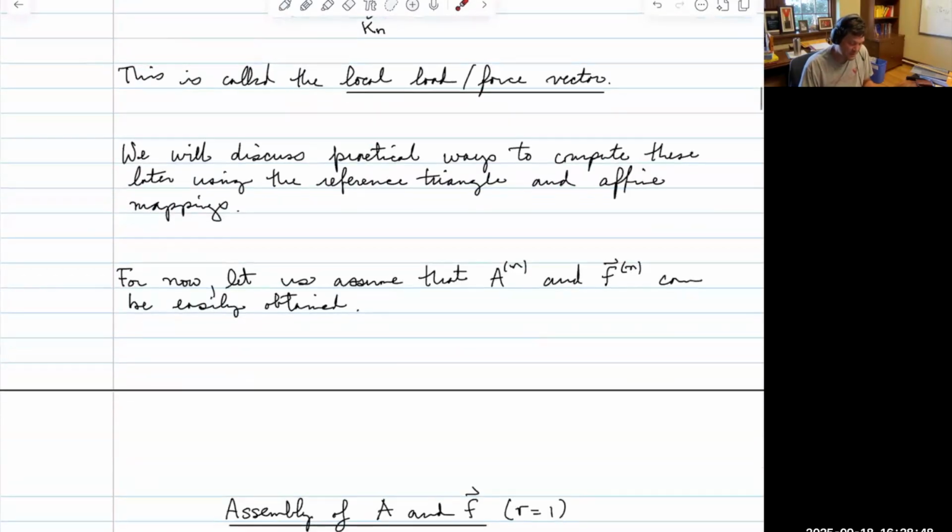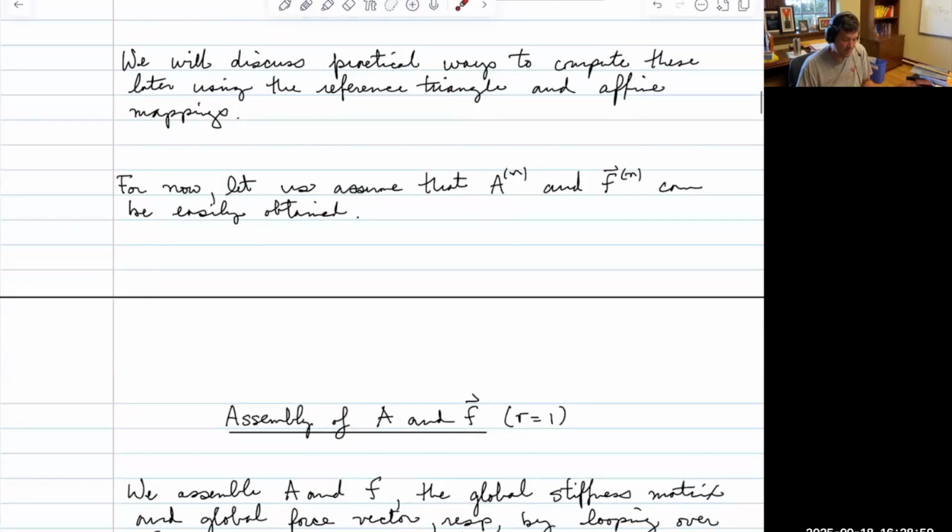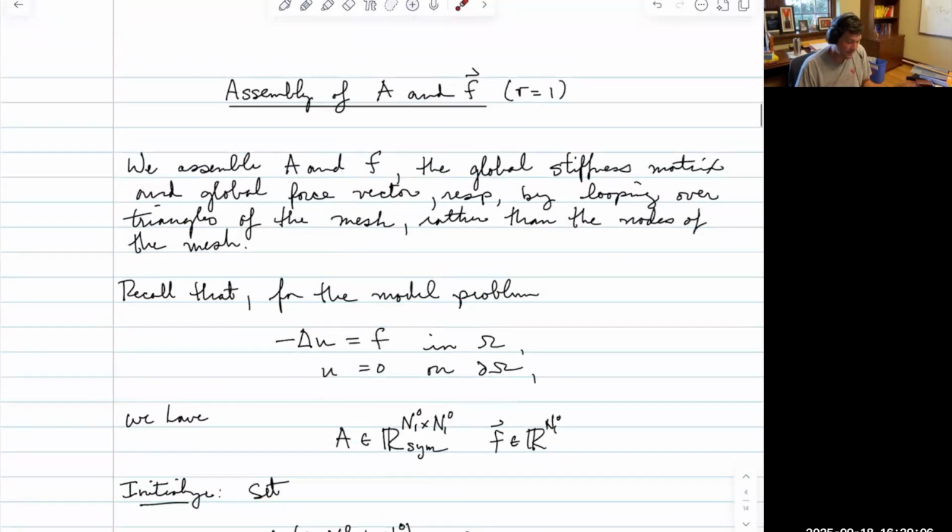For now, we're just going to assume that the local stiffness matrix and local force vectors can be assembled without any problem, and we're going to show an algorithm for using that information to calculate our global stiffness matrix.